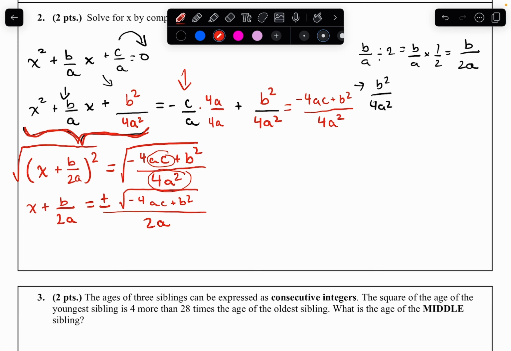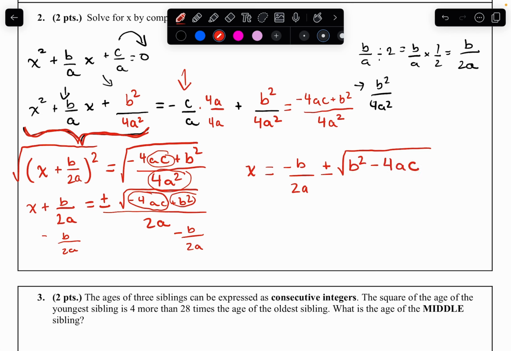Okay, next thing we are going to subtract b over 2a from both sides, and I'm going to continue working on the right side. So we have x is equal to negative b over 2a plus or minus the square root of, okay, what I'm going to do now is swap this term with that term so that the b squared is first. You're allowed to do that.